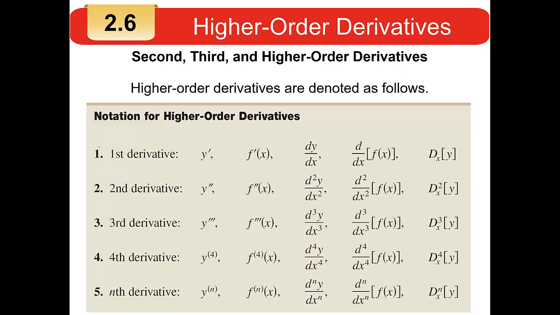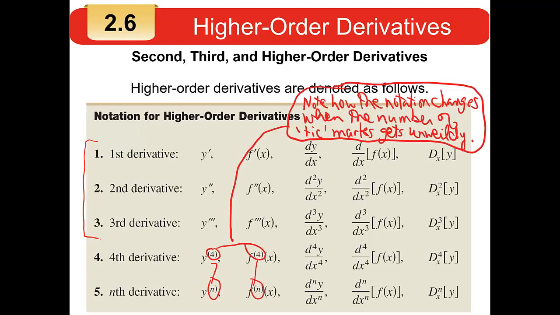I've mentioned the first, second, and third derivatives and alluded to the fact that you can have higher order derivatives. Once you get to a certain point, adding more and more of these accent symbols, or what you might call tick marks, gets sort of unwieldy. So at some point, the notation is to change and just put a superscript with the order of the derivative in parentheses.